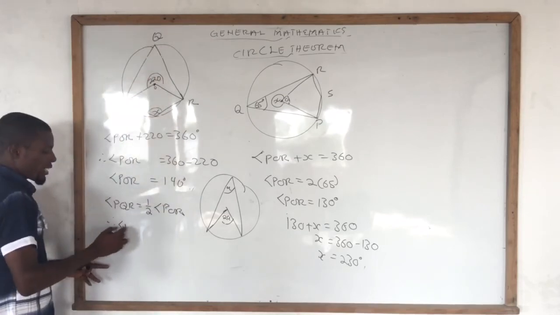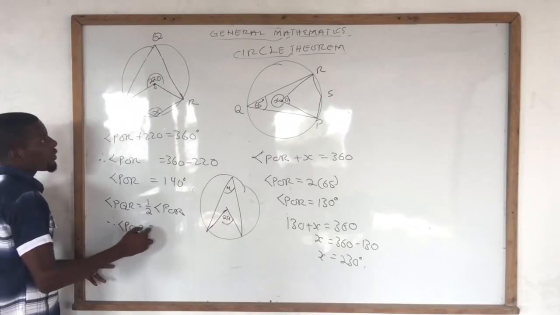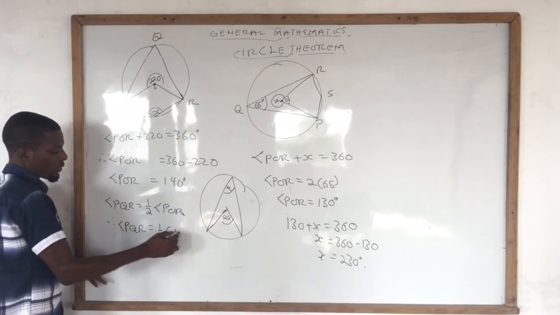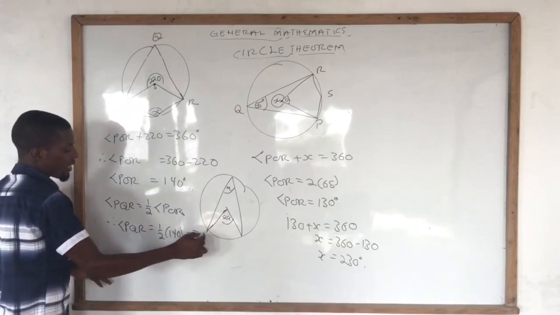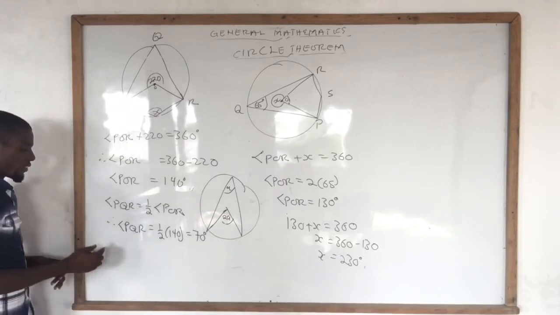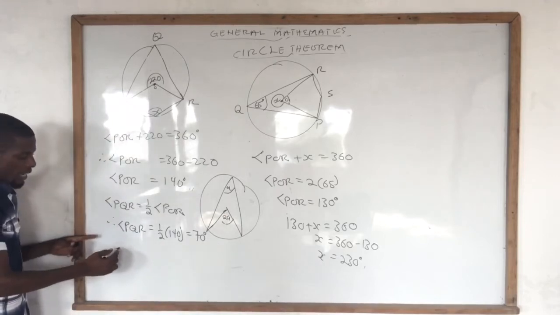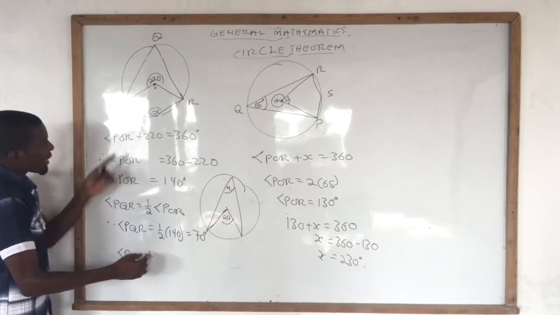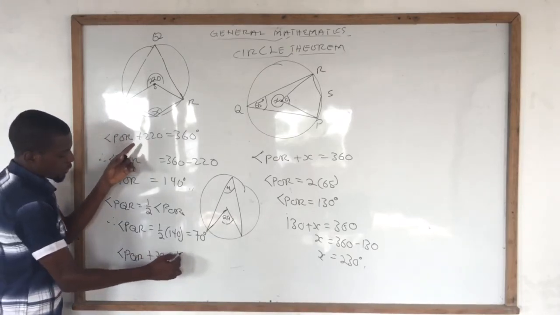Therefore, my angle PQR is going to give me 1 over 2 into bracket 140. That's going to give me 70 degrees. Now that I have this one to be 70 degrees, you know that angle PQR plus X equals 180.